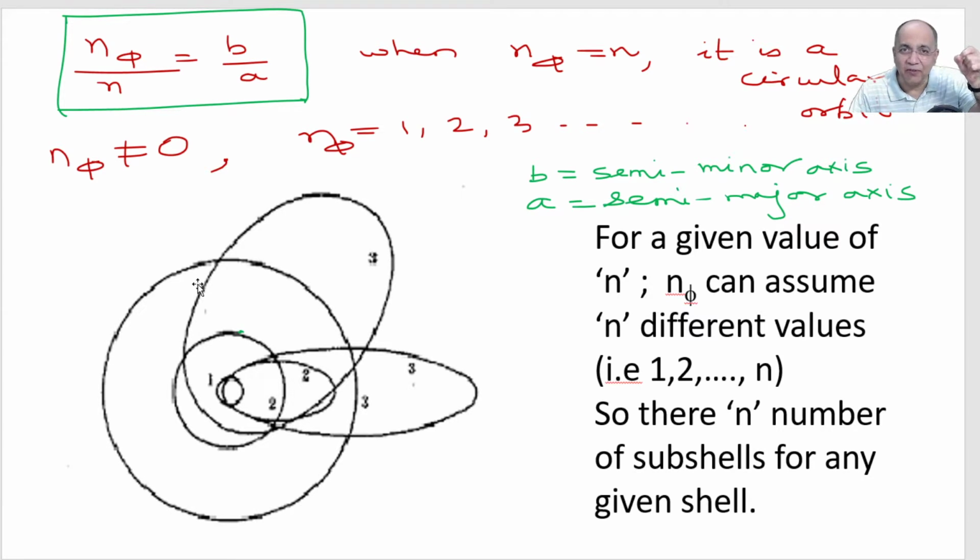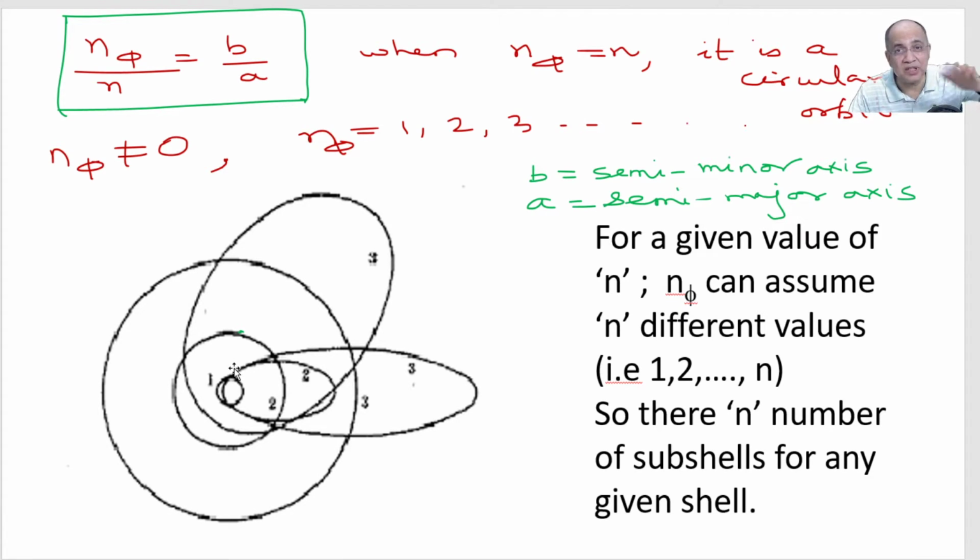So when n phi is equal to 1, nr will also be equal to 1. So it is 1 by 2. So the semi-major axis is 1 and the minor axis is 1, major axis is 2. So it is bound to be an ellipse. But in the other case, when n phi is equal to 2, nr will be equal to 0, so that the principal quantum number is 2. So 2 by 2 is 1. So when n phi is equal to 2 for the second cell, it will be a circular orbit.